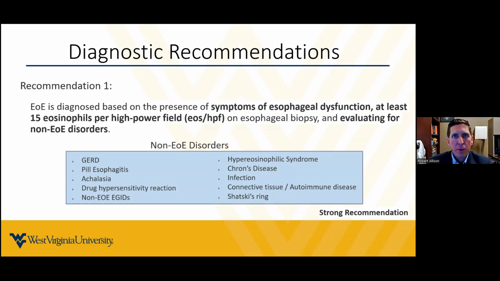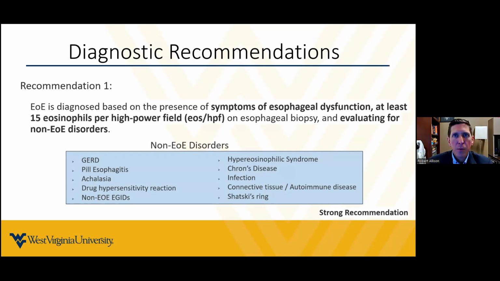And so at the bottom of that slide, you can see all of the other reasons that someone might have dysphagia. We talked about GERD originally. That can definitely cause esophagitis, achalasia, hypersensitivity reactions, autoimmune diseases like Crohn's, Schatzki's ring.